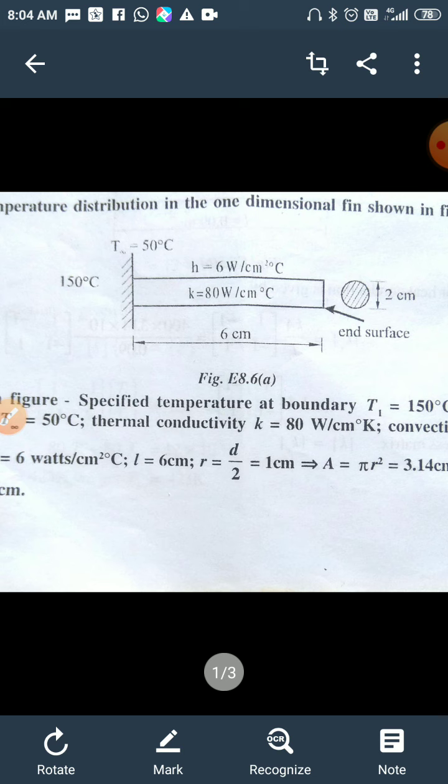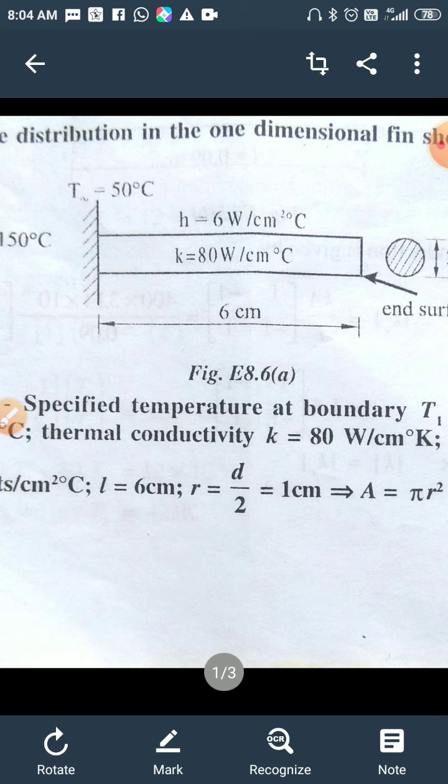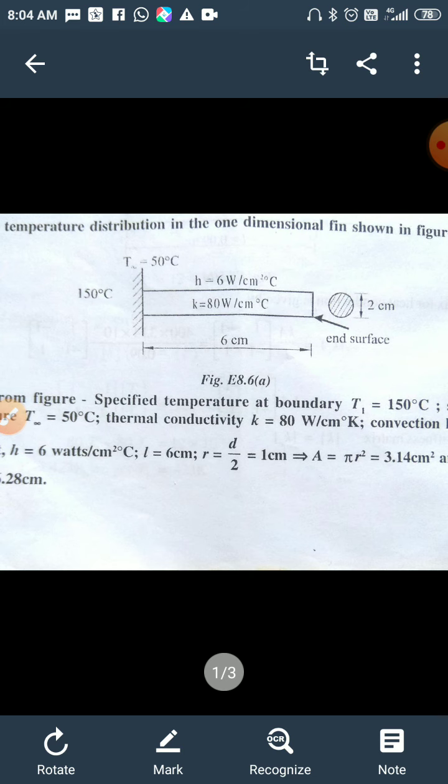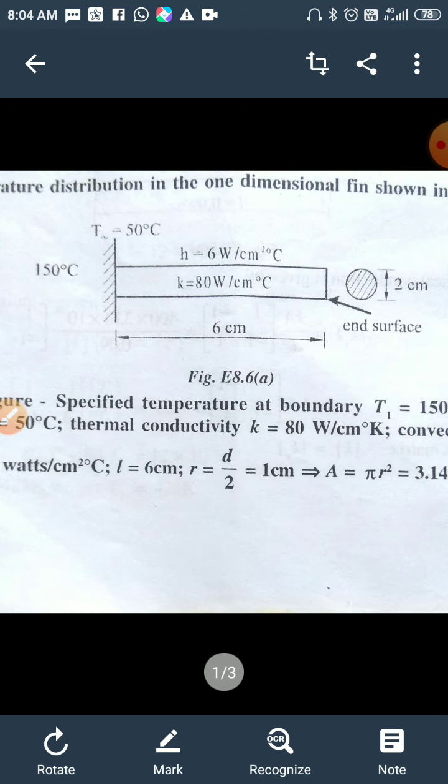T1 is 150 degrees centigrade, T infinity is 50 degrees centigrade, and the convection heat transfer coefficient h is 6 watt per centimeter square degree centigrade. Thermal conductivity of the material is 80 watts per centimeter degree centigrade. Length is 6 centimeters, and the diameter of the circular rod is 2 centimeters.